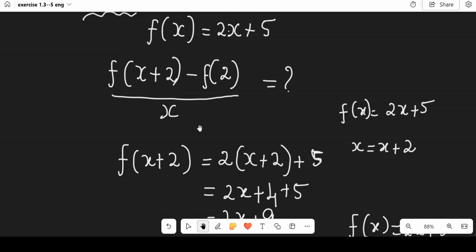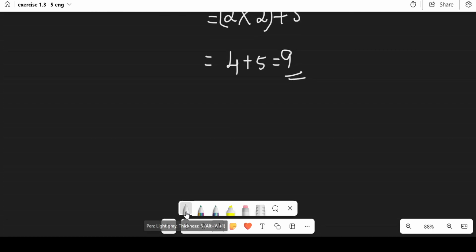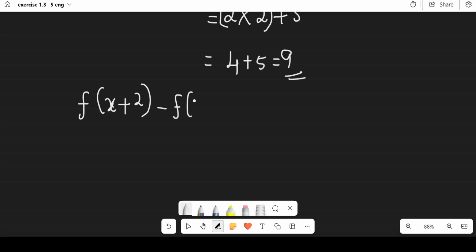We are going to substitute the answers in this. So what would be the next step? Next step would be f of x plus 2 minus f of 2 divided by x. This had been asked in the question, right? What is the first answer?